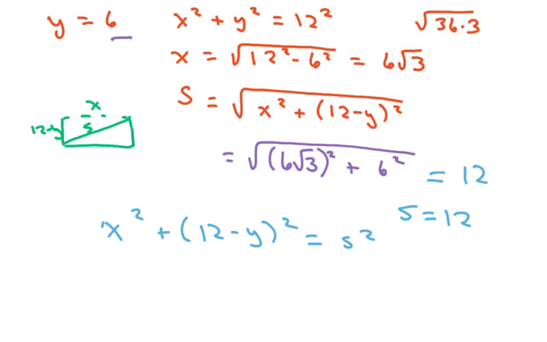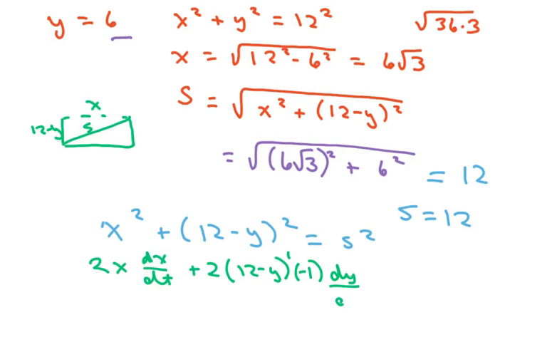So we take the derivative: 2x times the derivative of x with respect to time, plus 2 times 12 minus y times the derivative of the inner function, which is the derivative of y with respect to t, equals 2s times the derivative of s with respect to t.